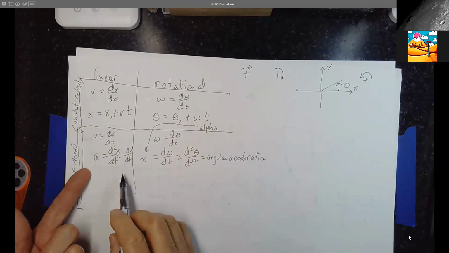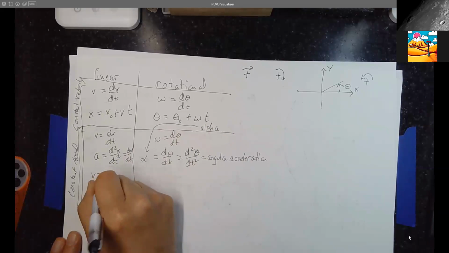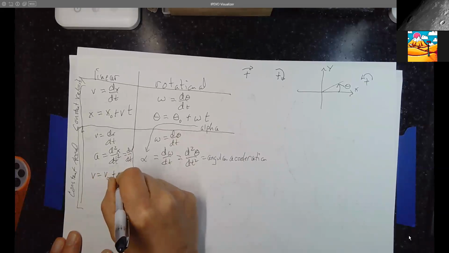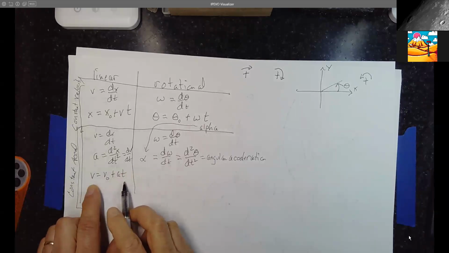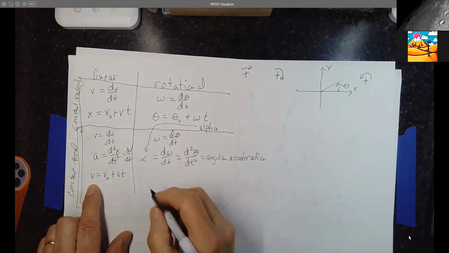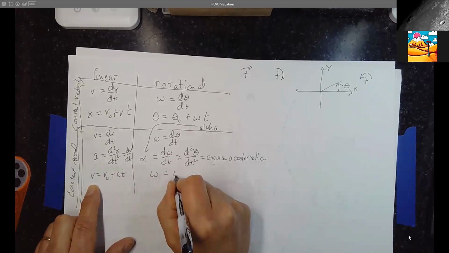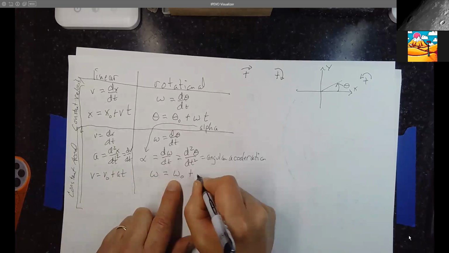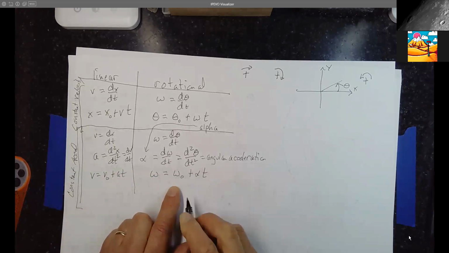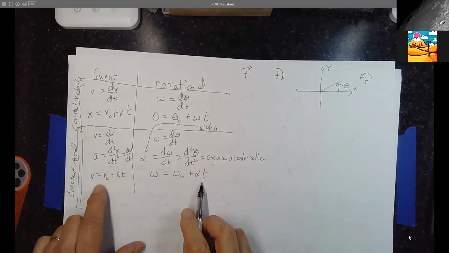Okay, well, in linear motion, when we had acceleration, one equation we had was v is equal to v naught plus at. We can have an analogous equation in rotational motion, where omega is going to equal omega naught, the angular velocity at time 0, plus alpha t. And that's going to look an awful lot like what we had over here.